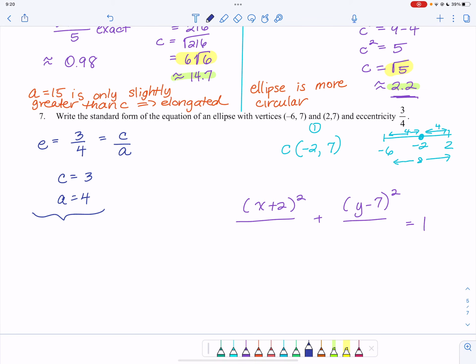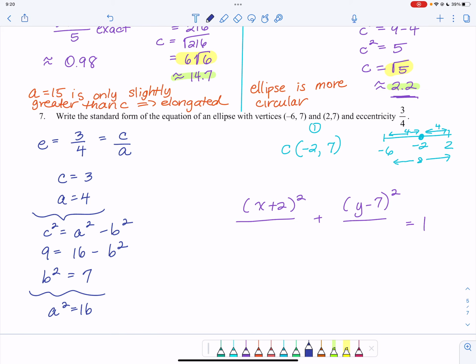So with that, we can write c squared equals a squared minus b squared, and we have b squared equal to 7. So as you can see, a is 4, a squared is equal to 16.